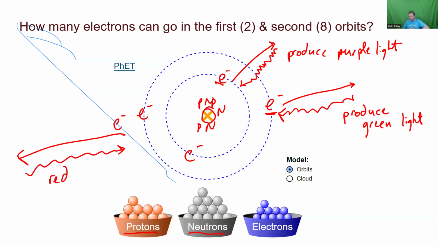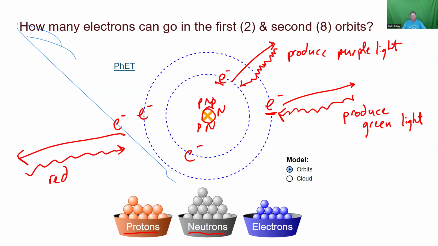If you have a substance that produces 8 different colors, how many different places do you think those electrons could possibly be? Do you think it would be 2? Do you think it would be 1?